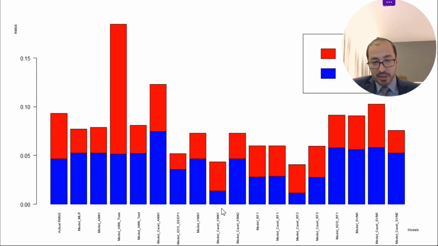And we have here the KNN is providing the lowest root mean square error in training datasets along with RF. Our main concern is the test for the sake of generalizability.